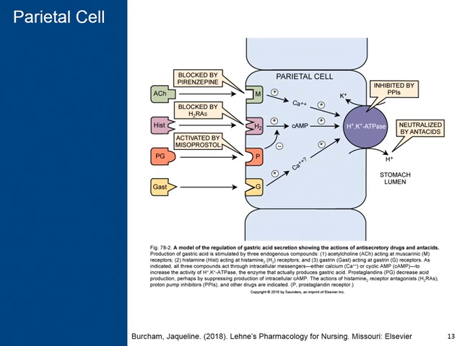Basically, the production of gastric acid in the parietal cell is stimulated by 3 endogenous compounds: acetylcholine, histamine, and gastrin. And so we have drugs that can influence these different pathways that involve either acetylcholine, histamine, or gastrin. What you see here is the parietal cell.